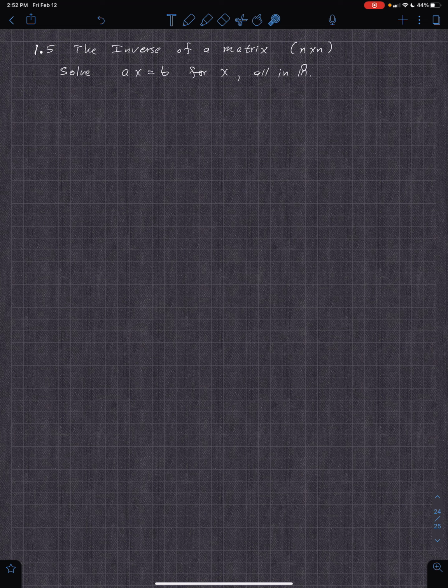They wouldn't have been taught it like this, but this is basically what you are actually doing. So since a is in the reals, there exists an inverse, a inverse in R, and that's called the multiplicative inverse.